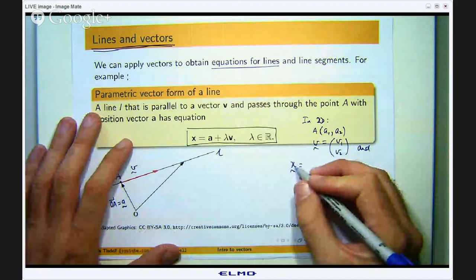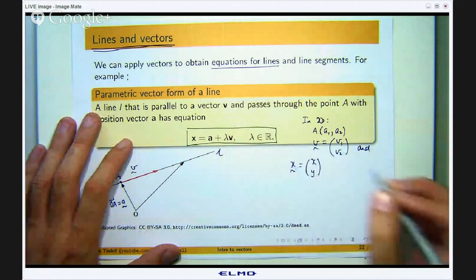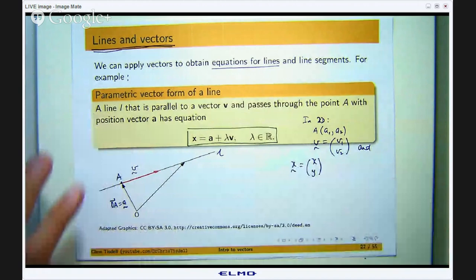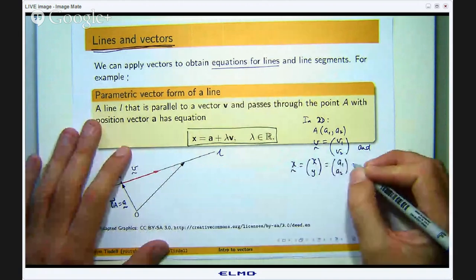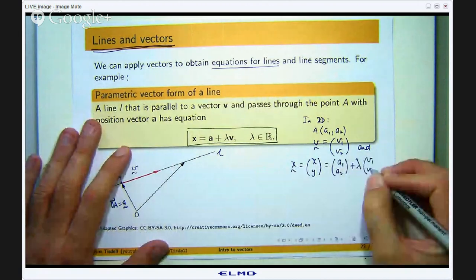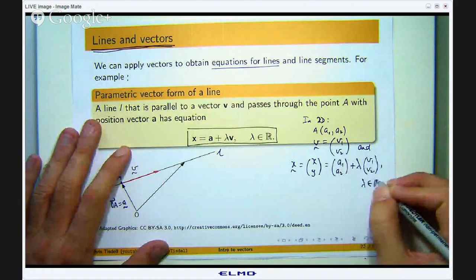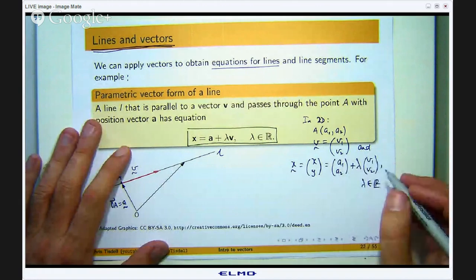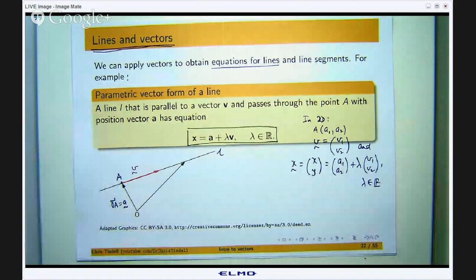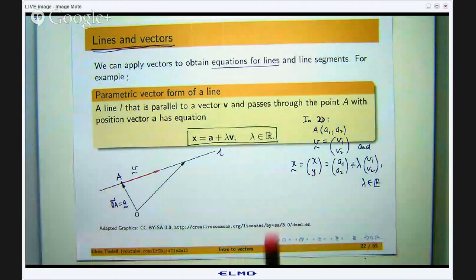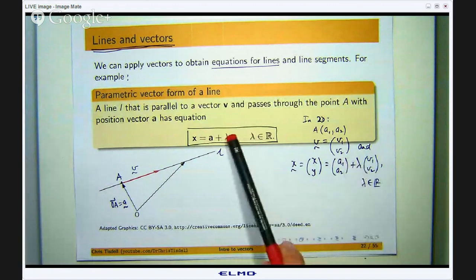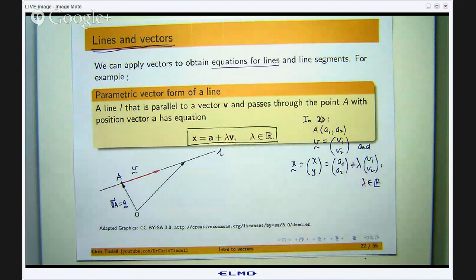The vector x would mean the column vector xy, and it would be A1, A2 plus lambda V1, V2, where lambda is for all lambda in R. Okay, so in here, lambda is just a real number, and it's known as a parameter, so it can vary over the whole real line. So you have scalar multiplication going on between this number and this vector.